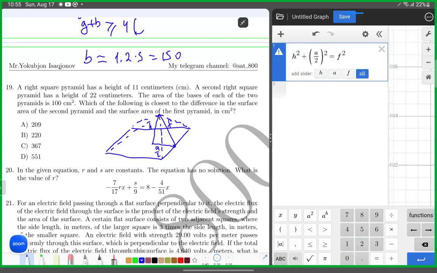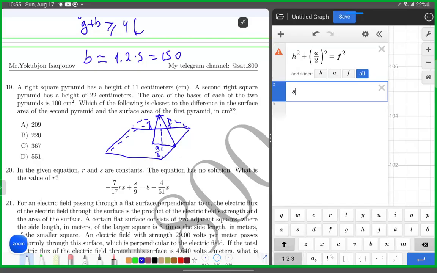Okay, and what about areas? The surface area of any pyramid depends on the side length and the height.